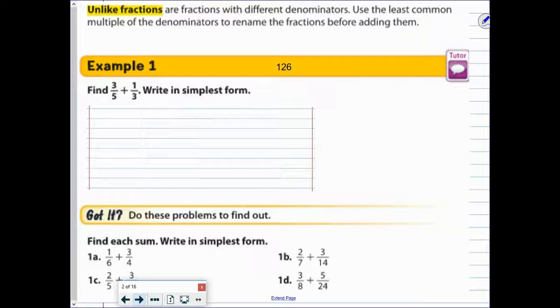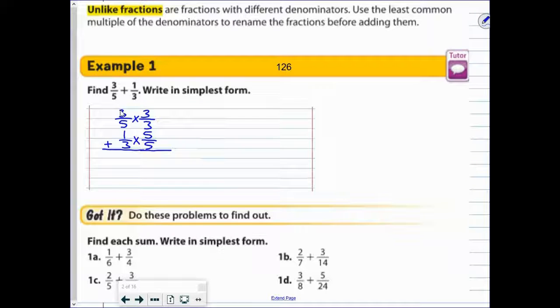Like before, we want to write our fractions up and down. So we're going to put 3/5 and 1/3 up and down. They are both positive, so I know I'm going to add them. I'm going to make them with the common denominator by multiplying 3/5 by 3/3 and 1/3 by 5/5.